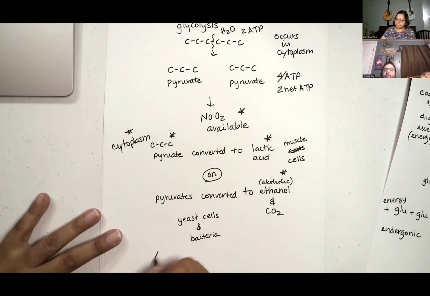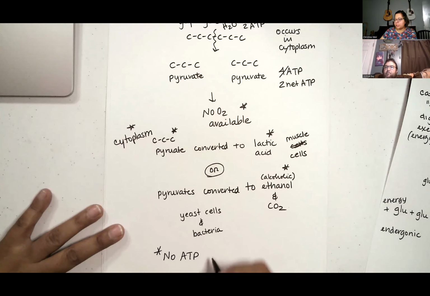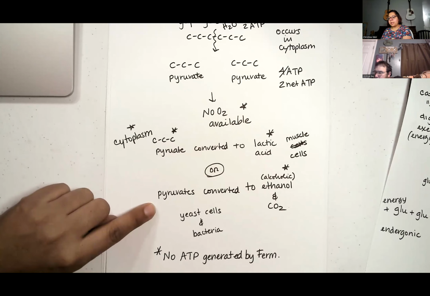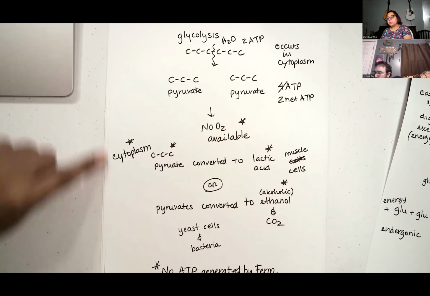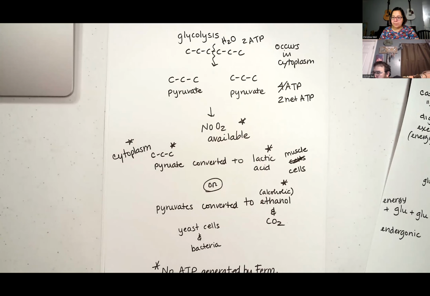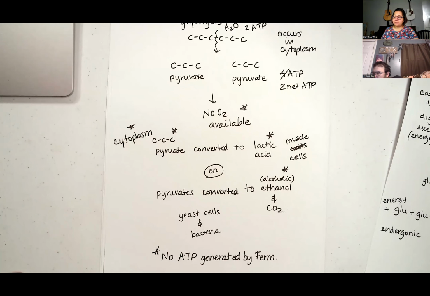By the way, fermentation doesn't really generate any ATP. The point of it is to generate some other things that we can eventually use to start glycolysis again. But I promised you a simplified version, so there you go.